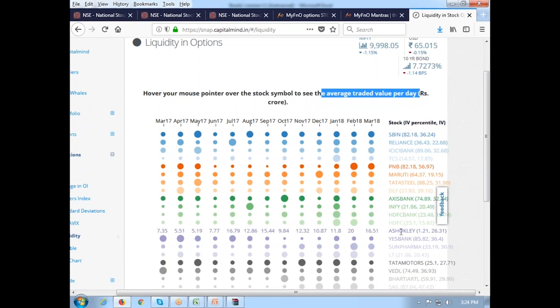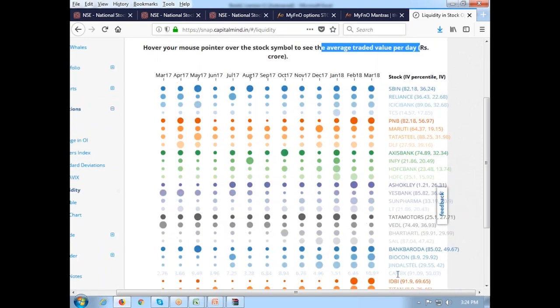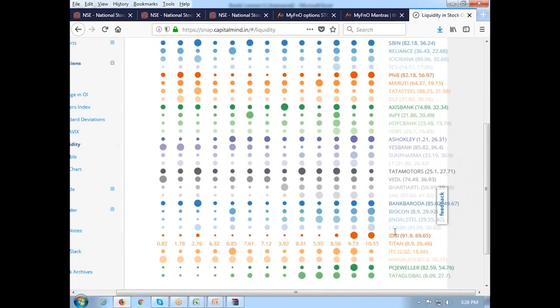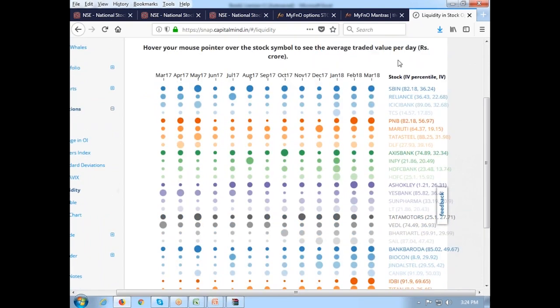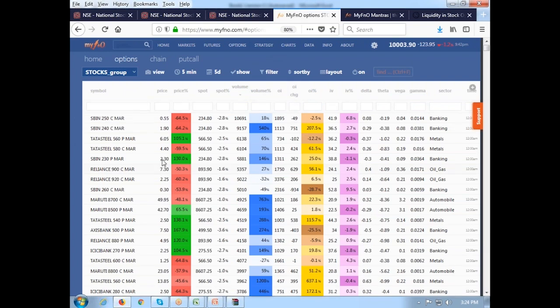So who is liquid and who is not so liquid? As far as options go, let's say you want to see the liquidity. Liquidity comes from the volume traded.